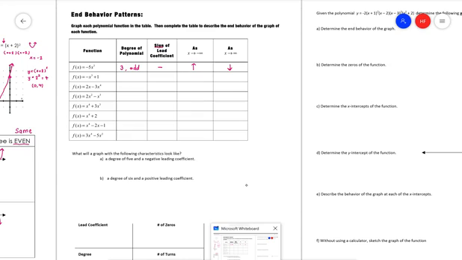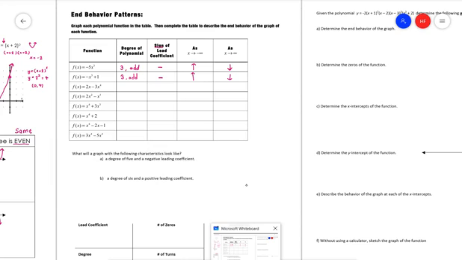On the next one, our degree is the highest exponent that we have, which is a 3 again. So that's odd. And the sign of the lead coefficient is negative. Odd tells me they're opposites. The negative tells me the last one is down. So we have up, down. Now on the next one, they're not in order, so be careful about that.